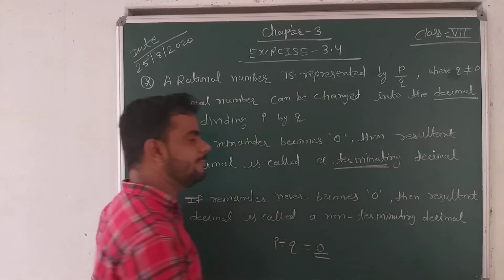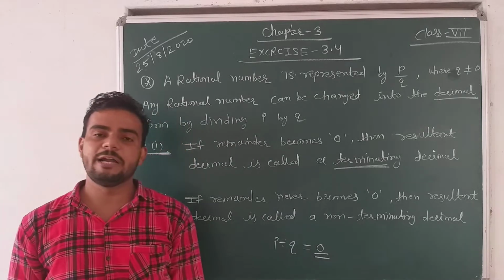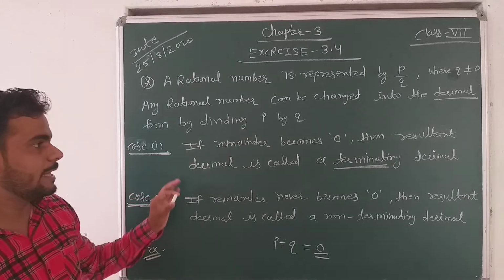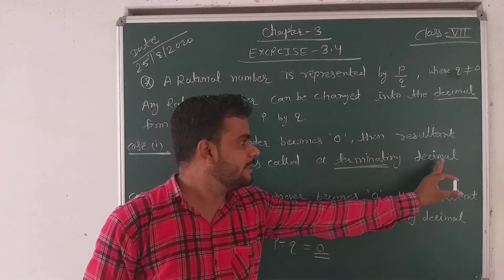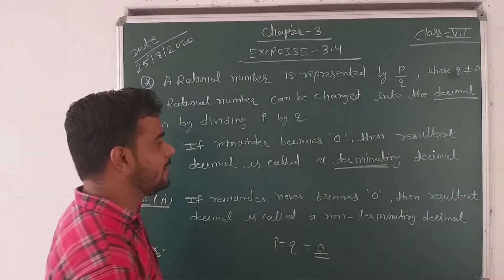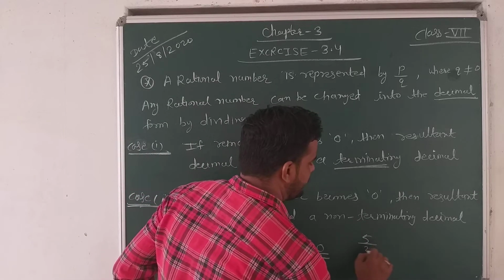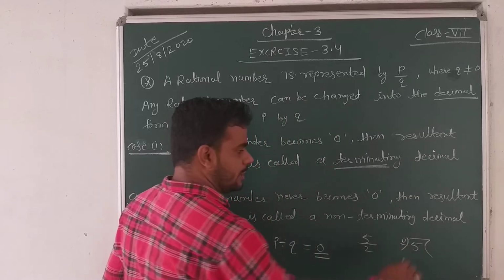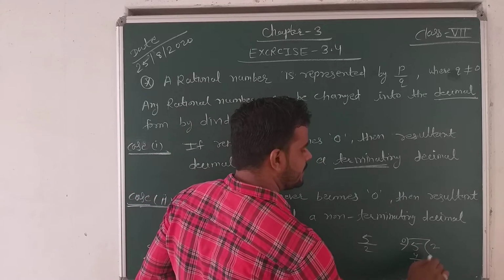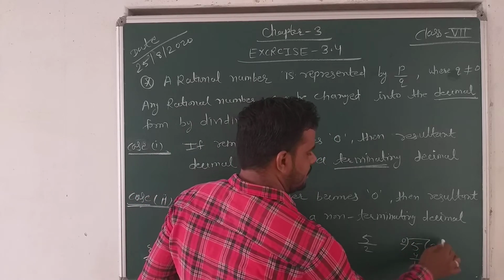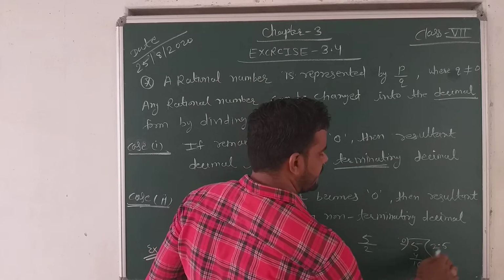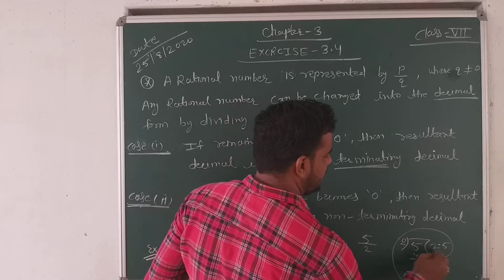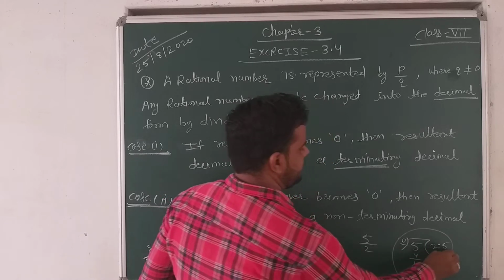Suppose for example we take 5 by 2. 5 divided by 2: 2 twos are 4, remainder 1, afterwards point 0, 2 fives are 10. So the remainder becomes 0, so this decimal is called a terminating decimal.